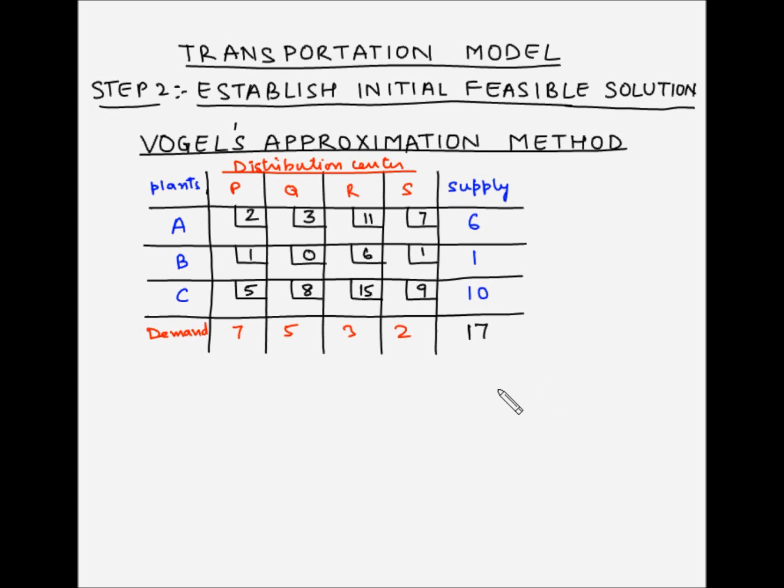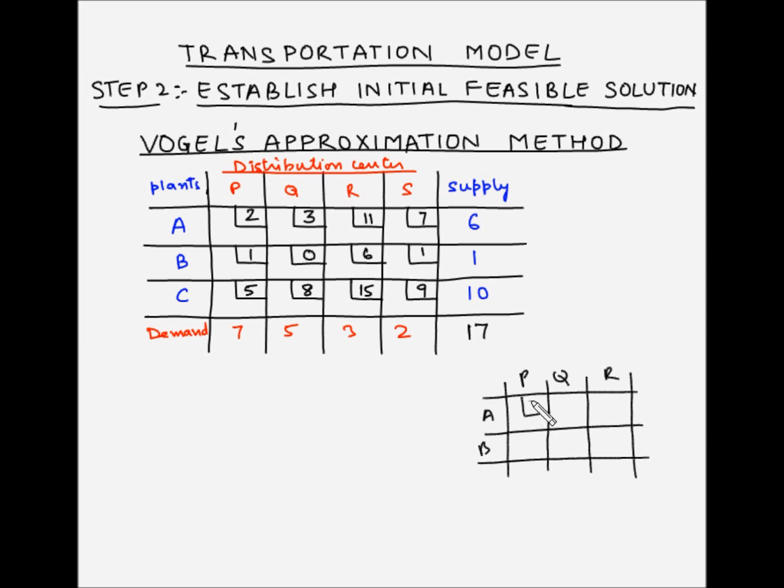So let's say that there are 2 plants and 3 distribution centers. A and B are the plants and P, Q and R are the distribution centers. The cost of transporting from A to P is, let's say, 2 rupees, A to Q is 5 rupees and A to R is 8 rupees.